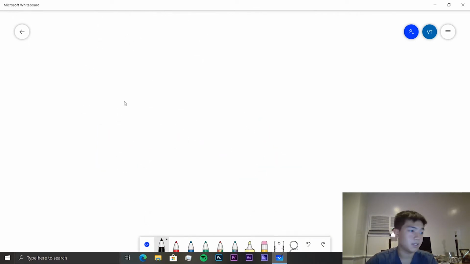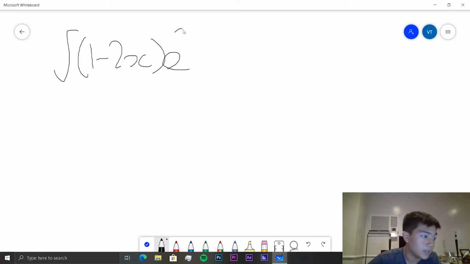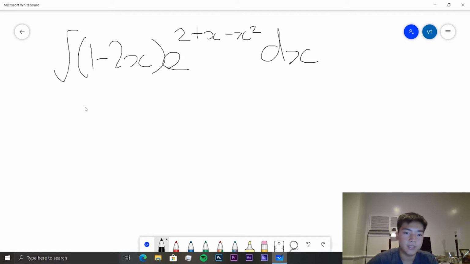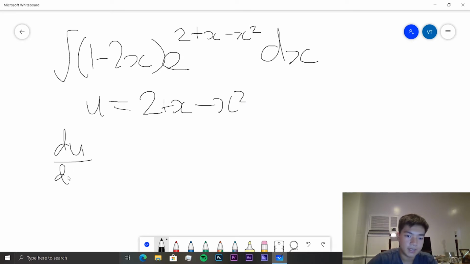The next one is we have the integral of (1 minus 2x) times e to the (2 plus x minus x squared) dx. So I'm going to pick u as this one up here. So u is equal to 2 plus x minus x squared. du over dx is equal to 1 minus 2x.